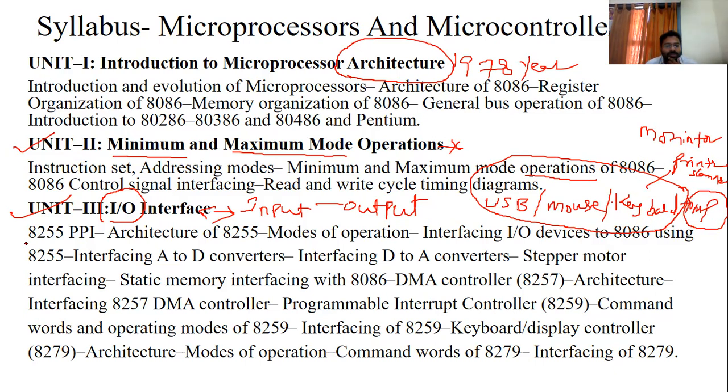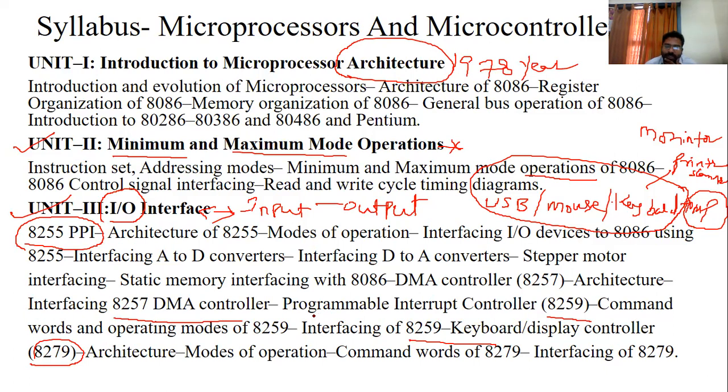These devices are the 8255 PPI, the programmable peripheral interface. Then another one is the 8257 DMA controller, then the 8259 controller, then the 8279 keyboard interface, as well as the 8259 programmable interrupt controller.